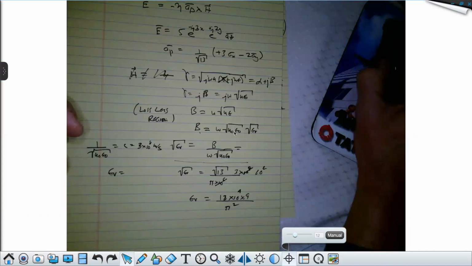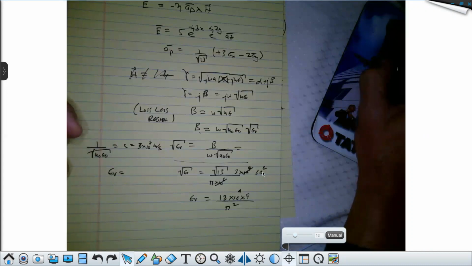This is true, right? You see it, Jack? That's true. So I'm after the square root of epsilon rel. It would be beta over omega square root of mu naught epsilon rel. So beta is square root of 13, right? Omega is pi times 10 to the 6th, right? And then this square root of mu epsilon is 3 times 10 to the 8th up here, right? 10 to the 6th, 10 to the 8th is just 10 squared.